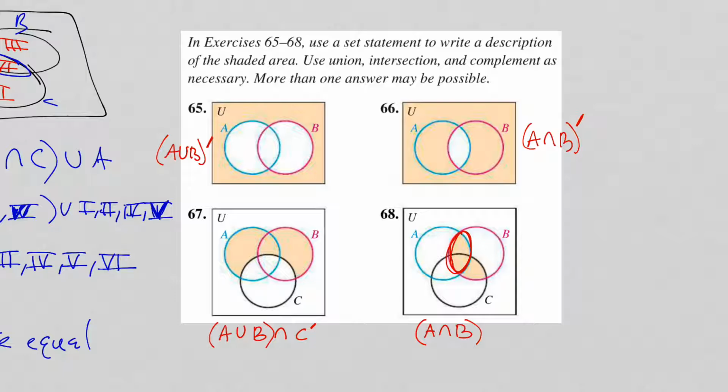Then we need to see that if I erase that, there's also the intersection between those two, between B and C. Okay.